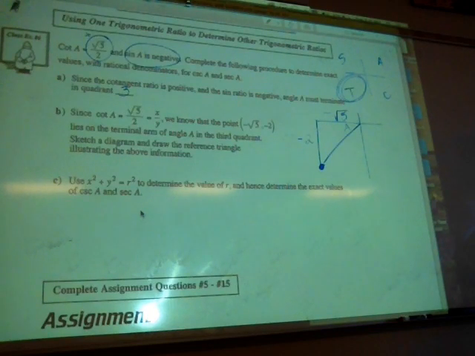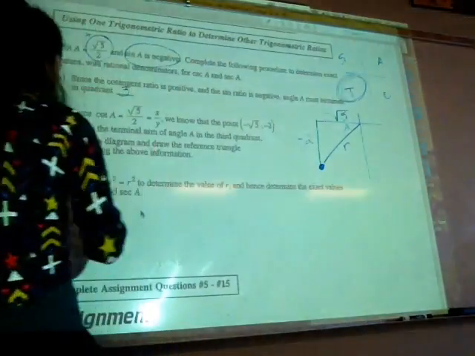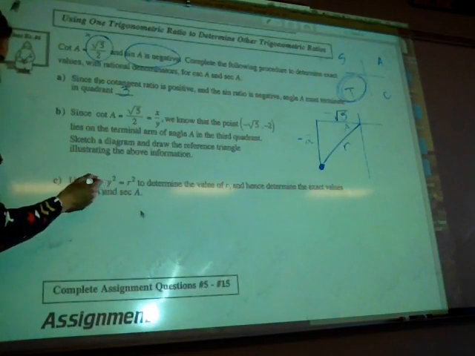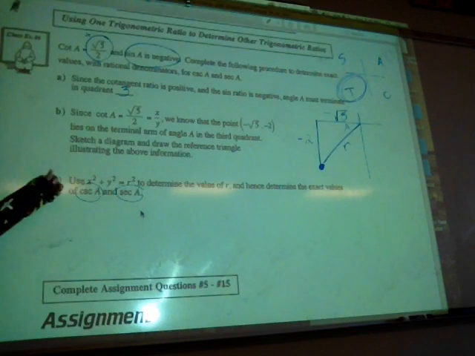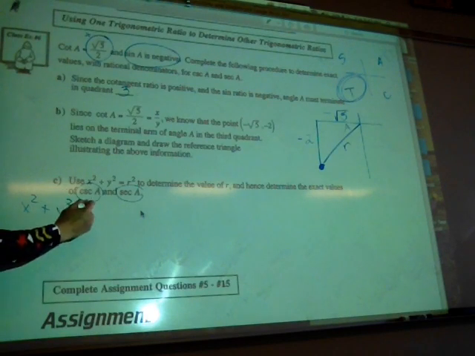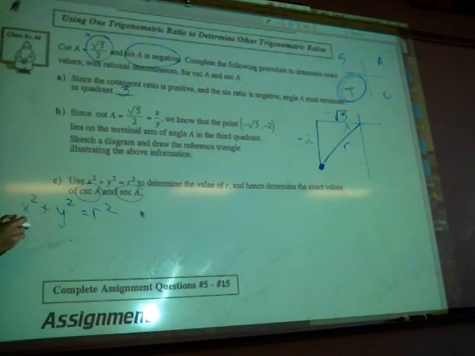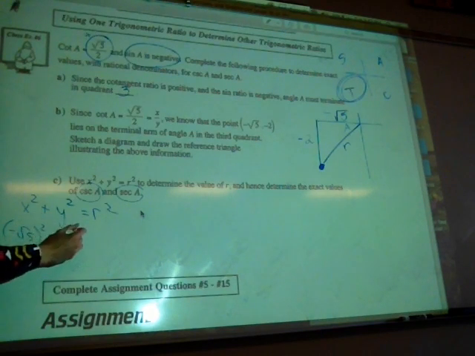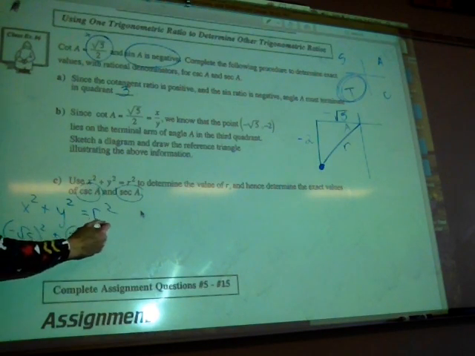For part C, we're going to calculate what is r. So we have to use Pythagorean theorem. And the goal of that is to eventually solve for the trig ratios for cosecant and secant A. Okay, so x squared plus y squared will equal r squared. My x is negative root 5 squared. My y is negative 2 squared.